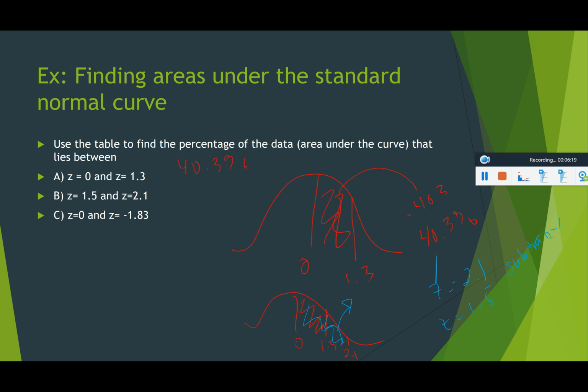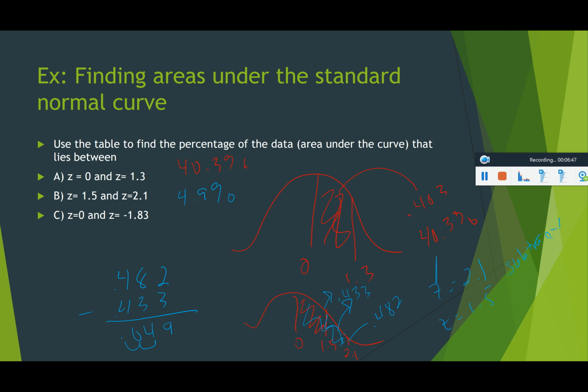So the z-score for 2.1 is 0.482. And this right here is 0.433. And then you subtract them, and you get 0.049, and we move our decimal 2 places, so that would be 4.9%.